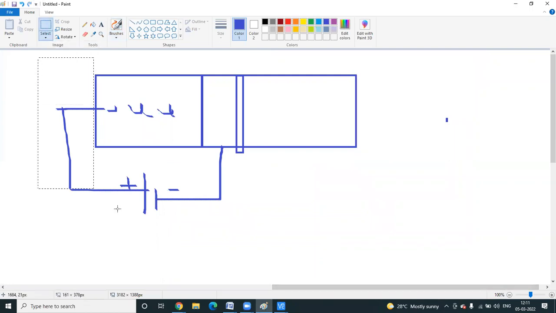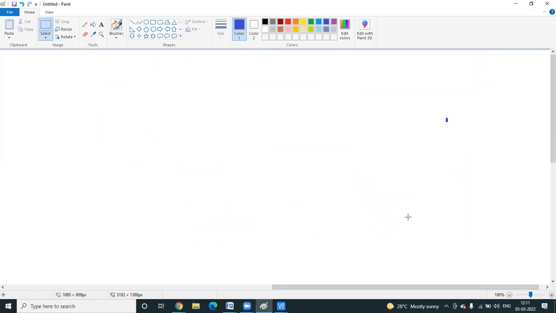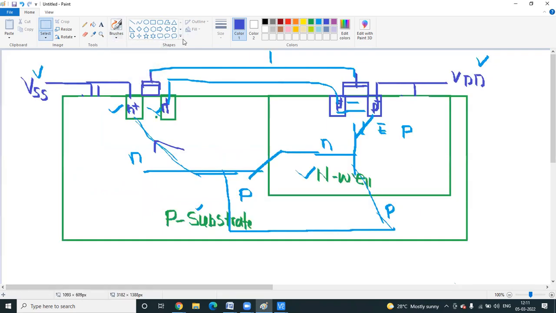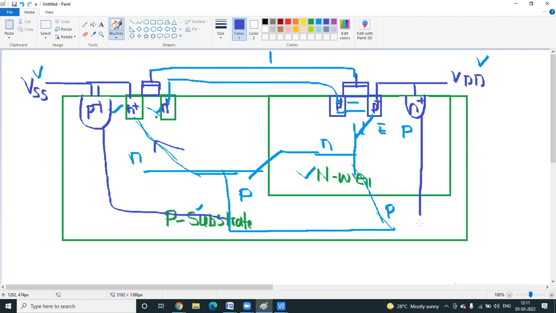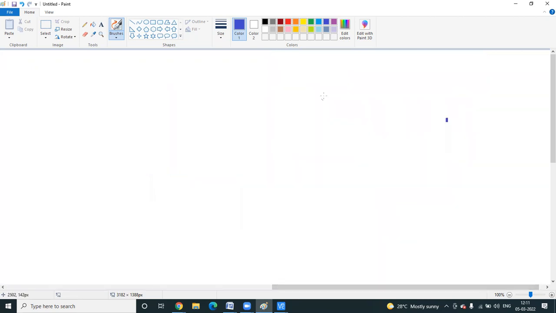So for this we need the equivalent diagram. By adding the tap, we need to add this tap. Here also there is some resistor, which will create some path. We'll make the equivalent circuit. How?